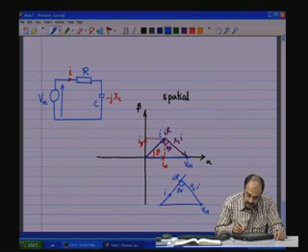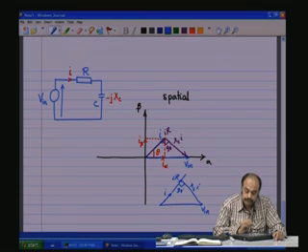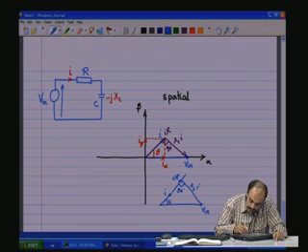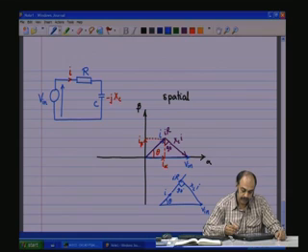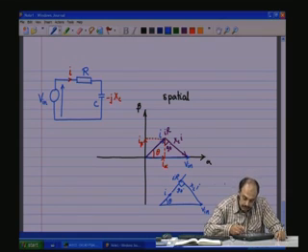So, this and this vectorially add up to V in, and this is an angle theta with this as the hypotenuse. So, the opposite side divided by this side will give you the tangent of the angle, and that is going to give you the phase angle. So, tan inverse XC by R will be theta.